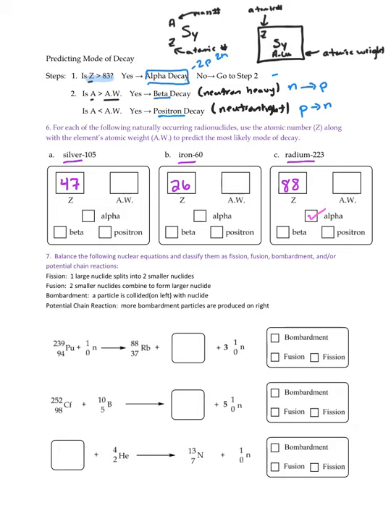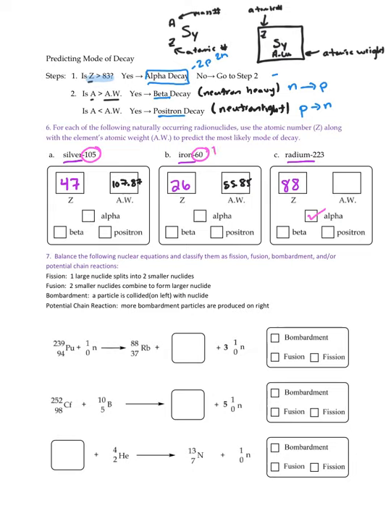In the case of silver, it's 107.87. In the case of iron, it's 55.85. And now all I have to do is compare the mass number to the periodic table. And so for silver it's 105, for iron it's 60.